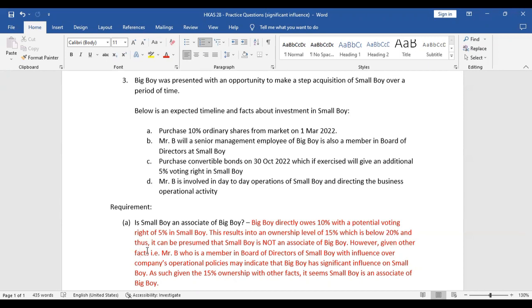In addition to that, Mr. B is also involved in making operational decisions for small boy, so he's also involved in operational policy making for the company. Both of these facts hint towards big boy having significant influence over small boy. So if you look at this question holistically, then of course small boy is an associate of big boy. You can read all these questions and answers by yourselves.